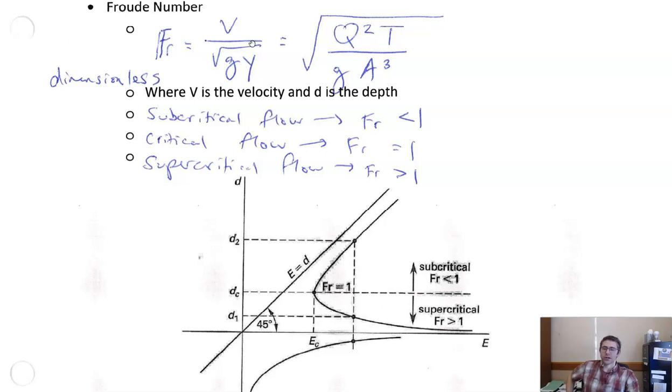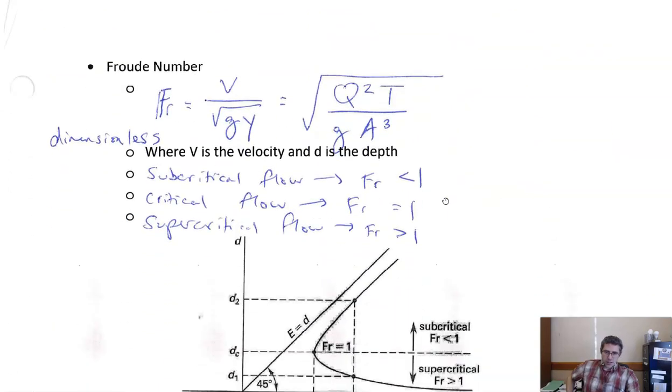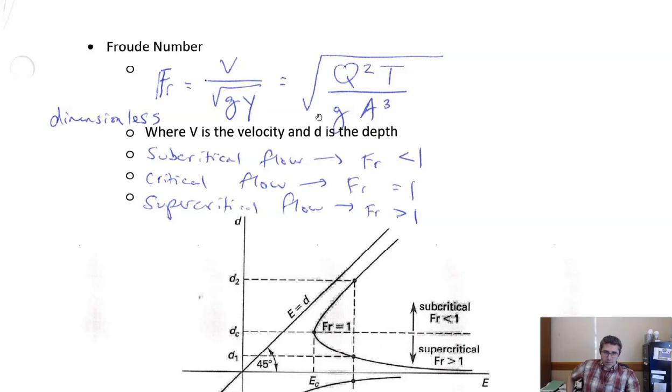Not always, but at critical flow. And that is equal to this thing, which again we said is equal to 1 at critical flow. That's what we said right here, at critical depth, critical flow. So again, the Froude number is equal to 1 at critical flow.